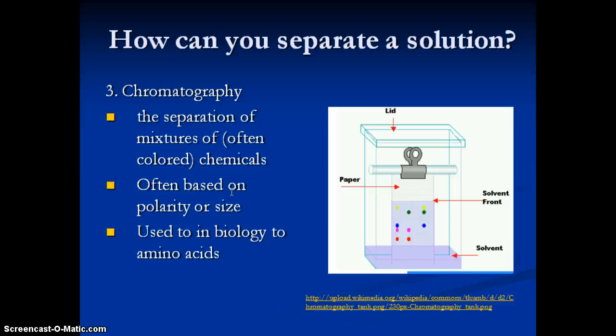So if you use a polar solvent, the solutes that are the most polar might travel the farthest, for example, or it might be a size-based issue where larger things travel at a different speed than smaller things. Smaller things might travel a lot faster and go farther.